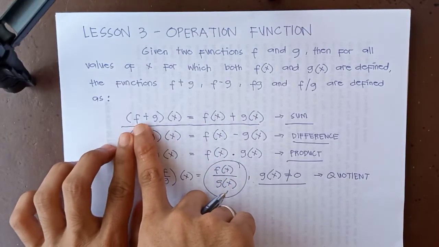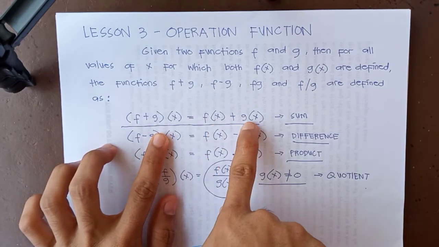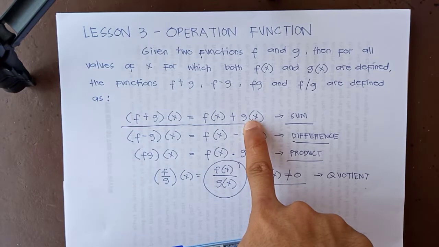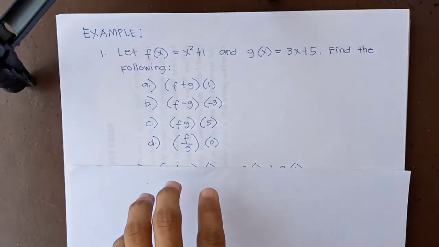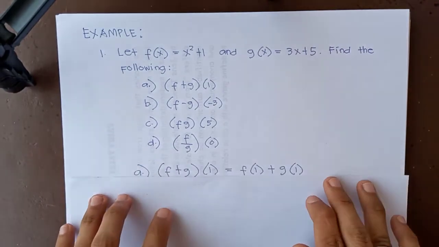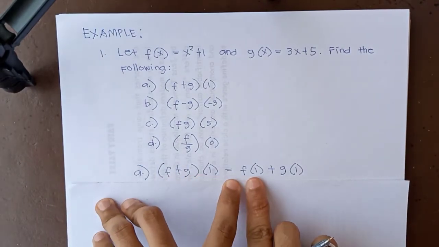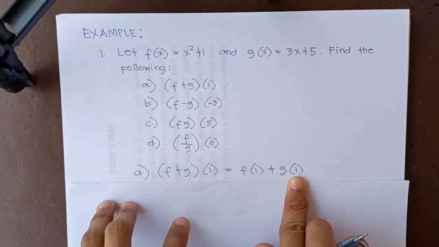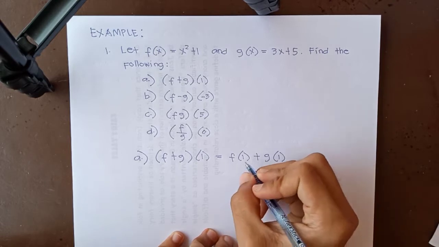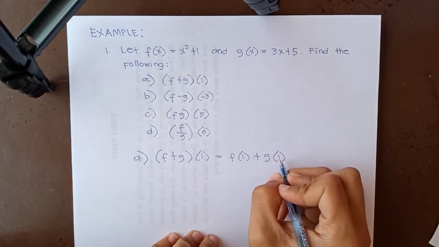From the definition, we have f plus g of x is equal to f of x plus g of x. Maunang naka-come up taog ingon ani nga result. F plus g of 1 is equal to f of 1 plus g of 1. Okay? 1 na siya class because 1 is our value of x.